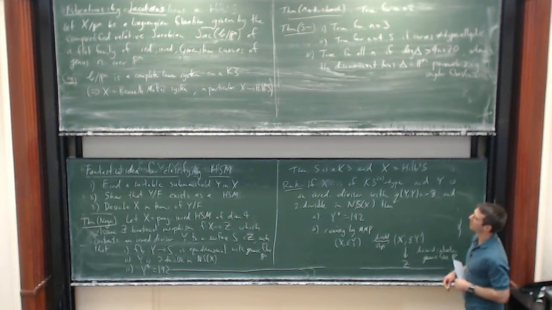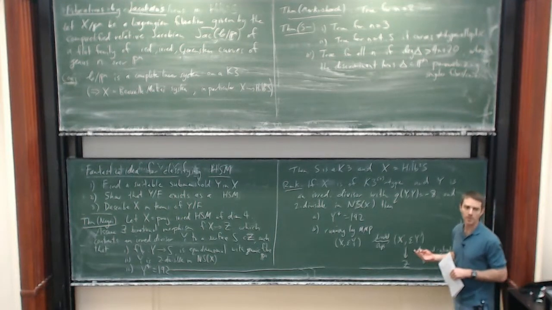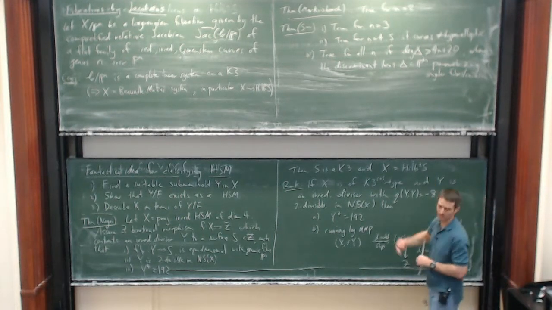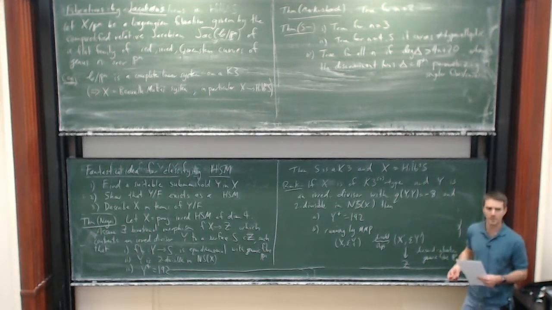Because the curves are reduced, irreducible, and Gorenstein, you can show that the generic singular curve has a single node. So then the discriminant locus at a generic point should not have any multiplicity.